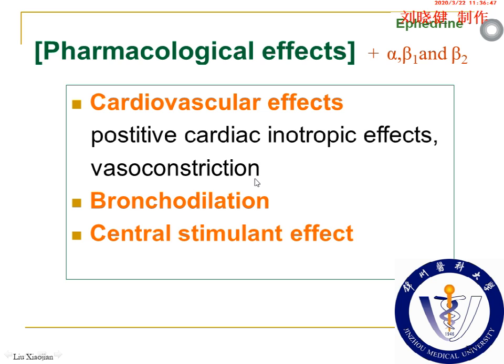This result has significance as a decongestive action. Beta-2 receptor activation induces bronchodilation. This response is really useful in the treatment of asthma or bronchospasm. Yeah. It has a stimulant effect on the CNS because it is a non-catecholamine. It can enter the blood-brain barrier and then enter brain tissue.